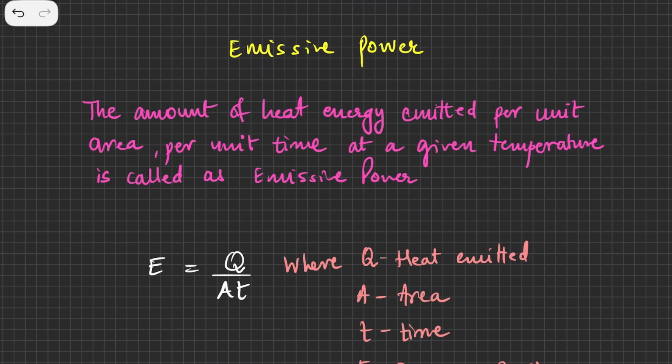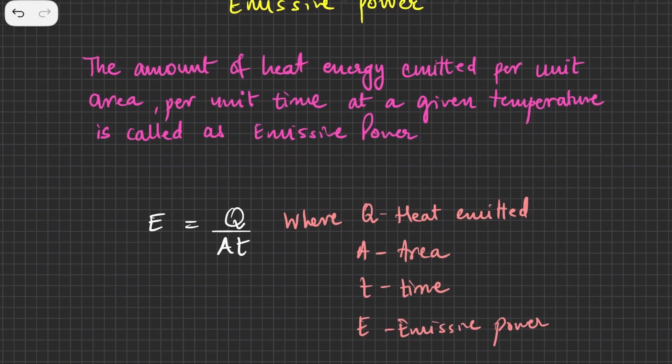So the amount of heat energy emitted per unit area per unit time at a given temperature is called emissive power. So emissive power is equal to Q upon A T, where A stands for area, T stands for time, and Q stands for heat emitted.